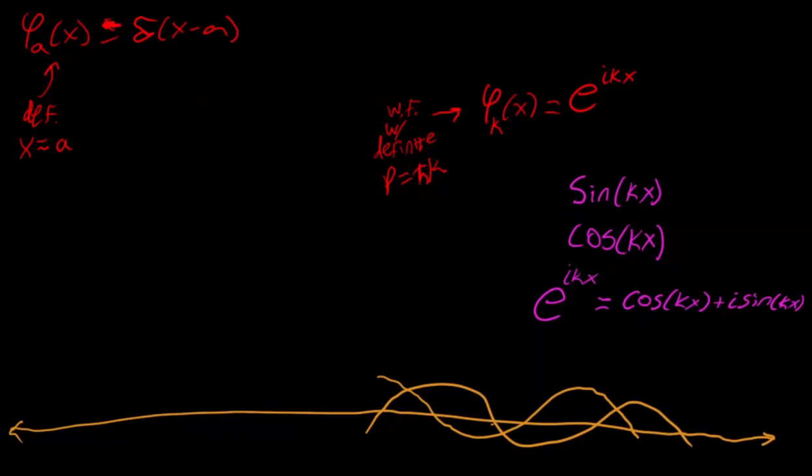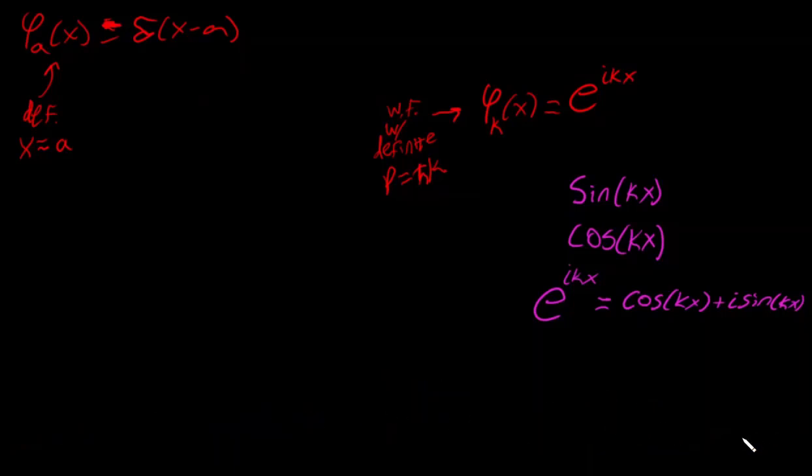And in fact, e to the ikx, if we look at the probability density, this is really important. We look at the probability density, which is the norm squared, so the probability density rho of x, and again, this is not normalized, and I'll get to that in a minute.